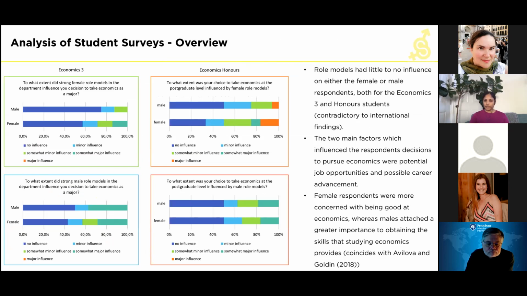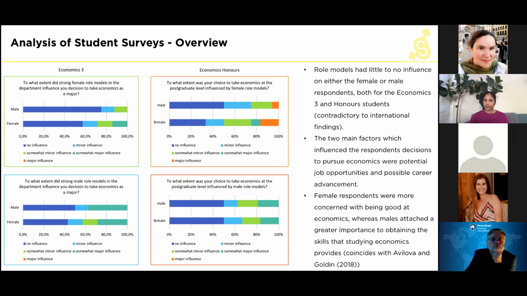But yeah, this was obviously just an analysis of the Rhodes students. So there are few female staff members in the Rhodes economics department. So I'm sure that there could have been one particular female staff member that had quite a significant influence over these female students.